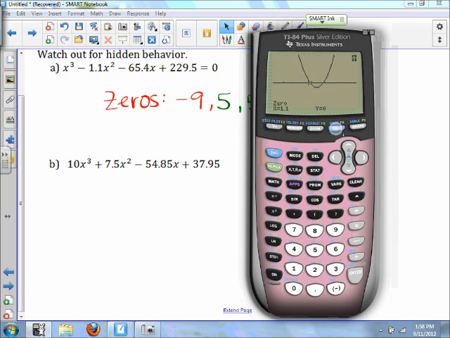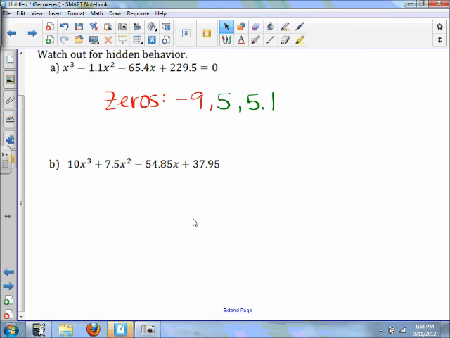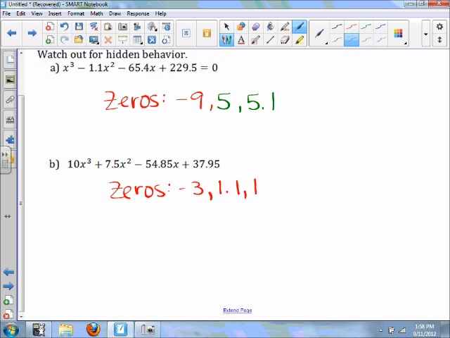So 1.1 is a 0. And also 1.15. So those are your 3 zeros.